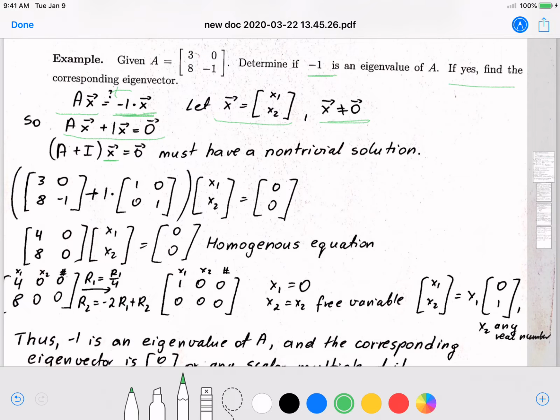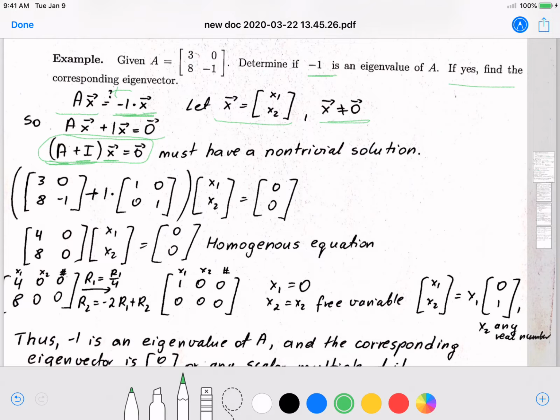To factor, I would have A plus 1, but I have a matrix and I have a number. A matrix cannot be added to a number, so we use the identity matrix. So we have A plus the identity matrix times vector x equal to 0. If this equation has a non-zero solution, then the number -1 is an eigenvalue of the given matrix. So what we need to do is solve it.